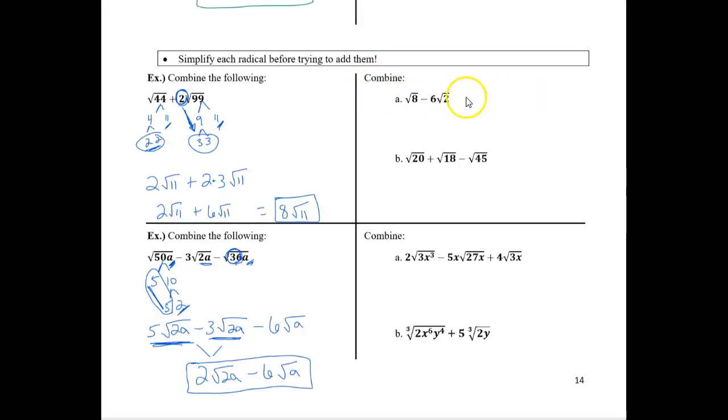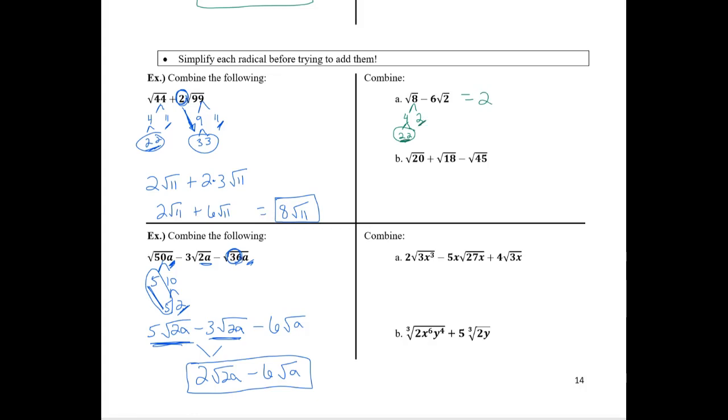Okay, part A says the square root of 8 minus 6 square root of 2. These are not like, but they're also not simplified. 8 is the same thing as 4 times 2, and 4 is 2 times 2. I see a perfect square. Square root of 2 squared is 2. Right? You can take this set out.